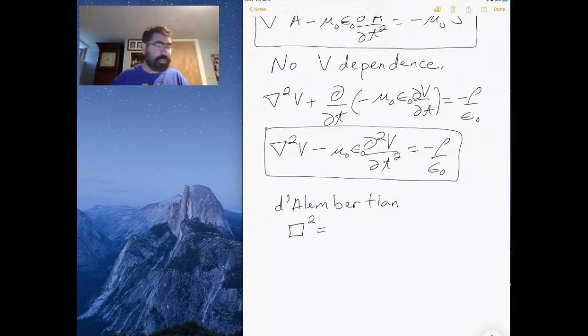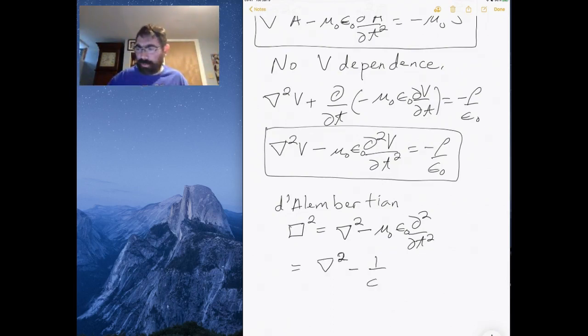So instead of using the del, I'm using a square, and I have del squared minus mu 0 epsilon naught, the second derivative with respect to time, or I could write that as del squared minus 1 over the speed of light squared times the second time derivative. So essentially I have an operator which basically encapsulates all of the wave function part.